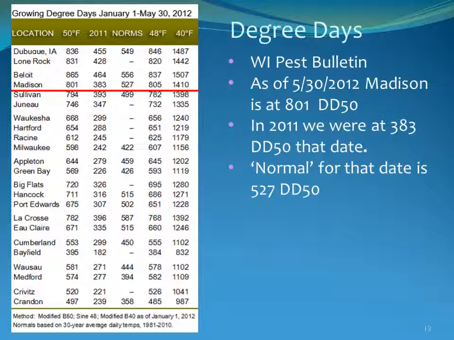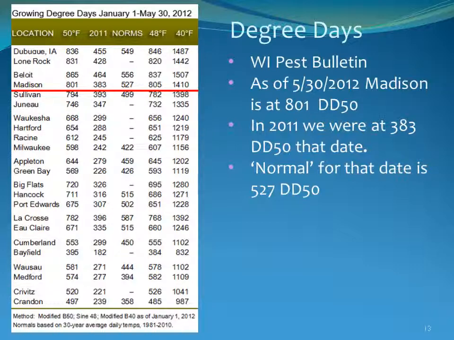So this is an example from the Pest Bulletin, and the example is from last year. And you can see I drew a red line under the 50-degree column on the date of May 30th. We were at 801 degree days.